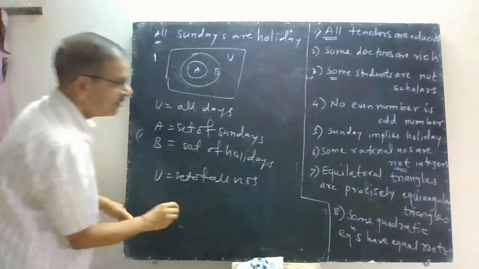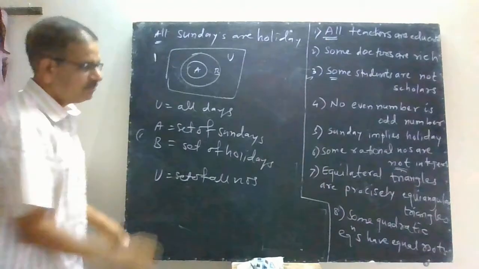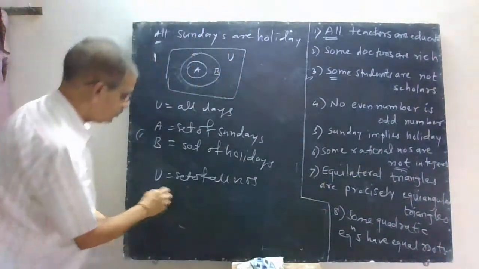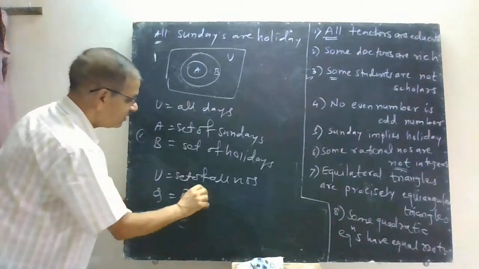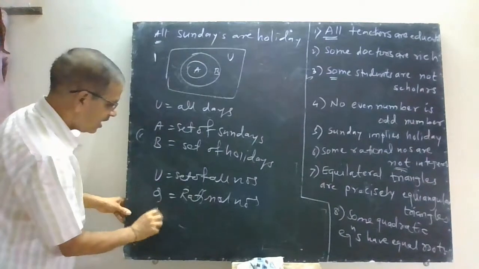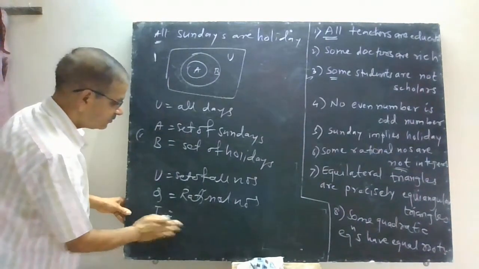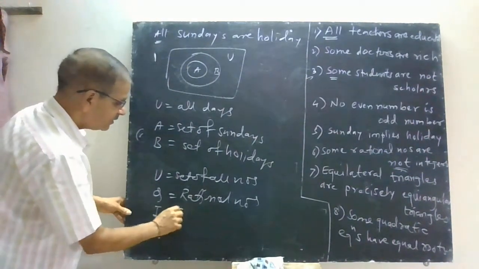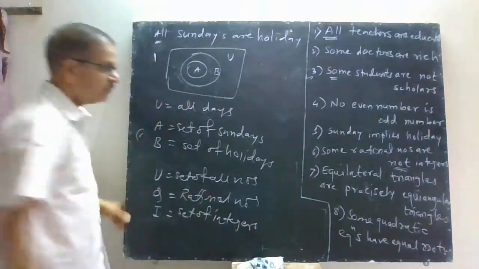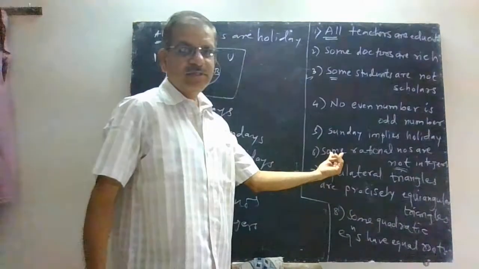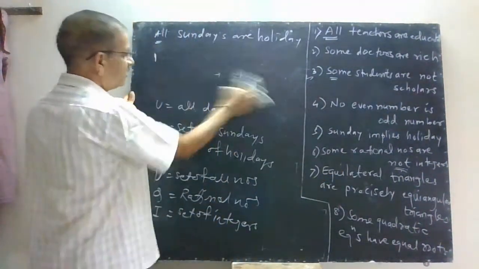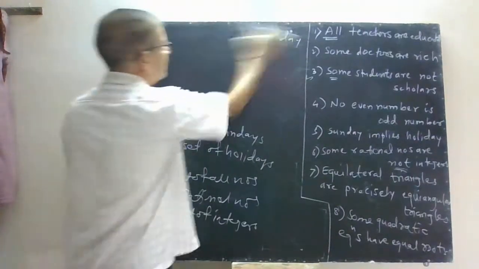Then for rational numbers, if you know the particular name, it is actually Q. So you can take Q as rational numbers, and integers I, suppose, the set of integers.